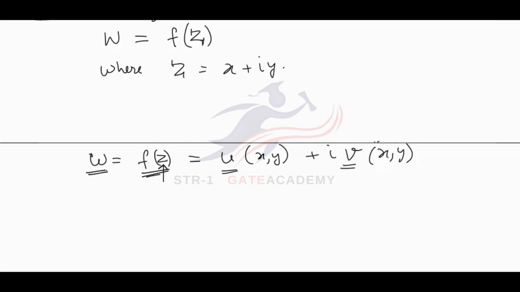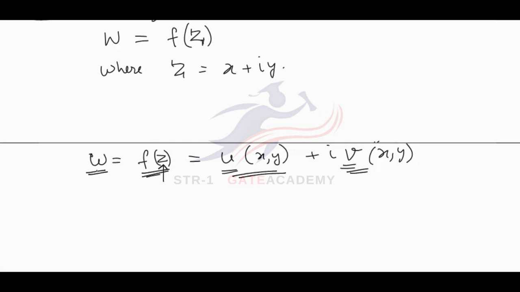Function of z means what? A real part in x and y, or maybe a third variable, and an imaginary part, because complex functions mean the same thing. So w is nothing but the complex function. Clear? So we are dealing with complex functions, and their derivatives.